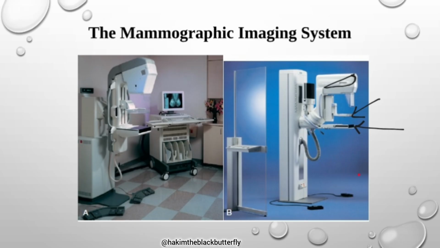You can use these compression pedals you see down here to lower this compression device and then compress the breast. It can also have a screen to show you the thickness of the breast that has been compressed, and also the compression force that you have used.